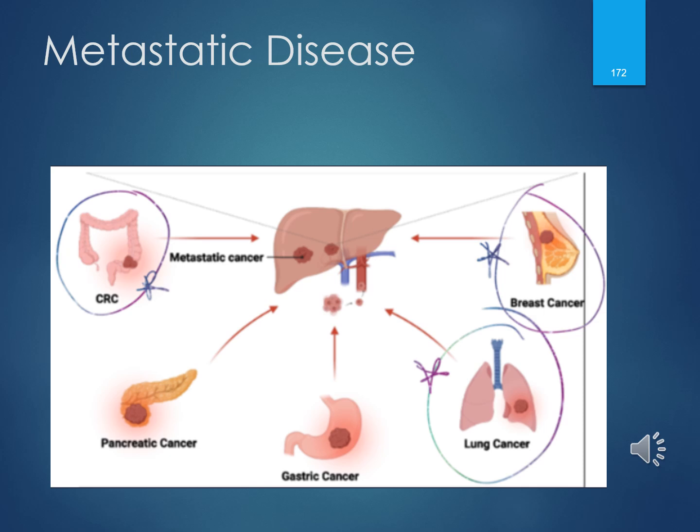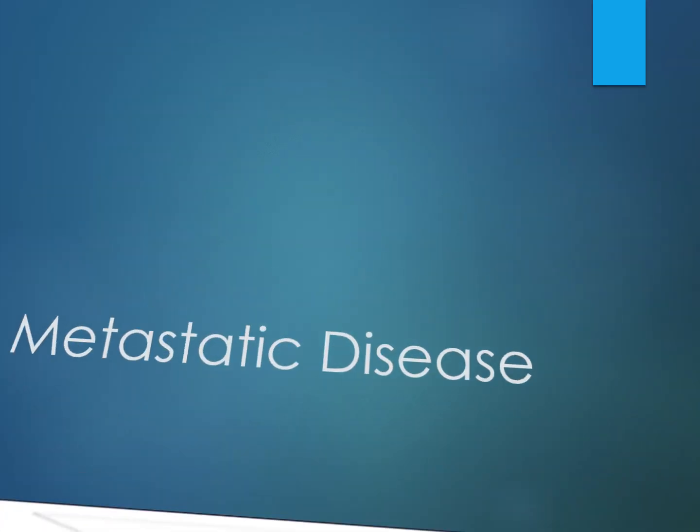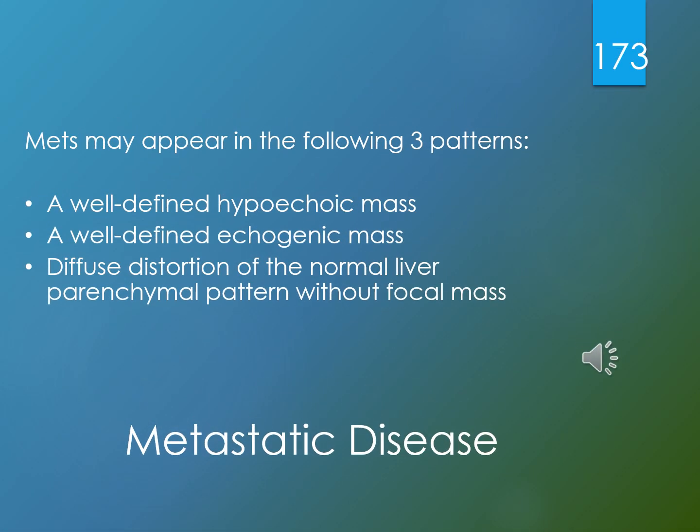Mets to the liver often comes from colon, lung, and breast. Just like hepatocellular carcinoma can appear in 3 different ways, Mets may also appear in 3 following patterns: a well-defined hypoechoic mass, a well-defined echogenic mass, or diffuse distortion of the normal liver parenchymal pattern without focal mass.